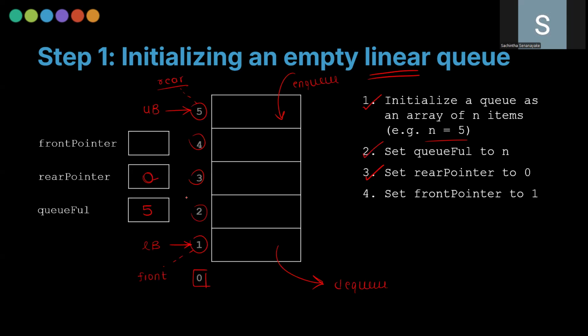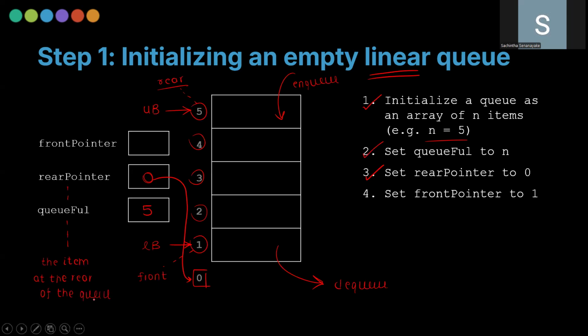So you can imagine that rear pointer initially points to 0, which is 1 less than the lower bound. But what exactly does rear pointer point to, guys? Rear pointer's job is to point to the item at the rear of the queue.